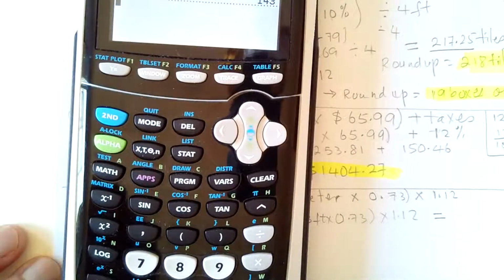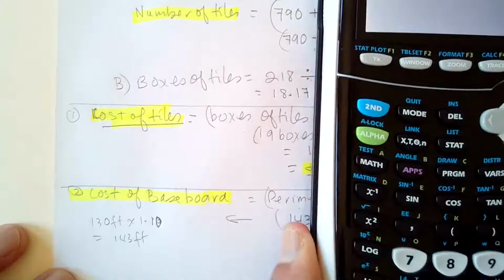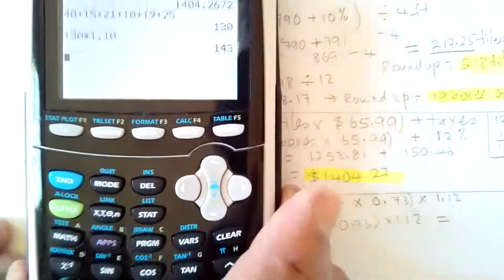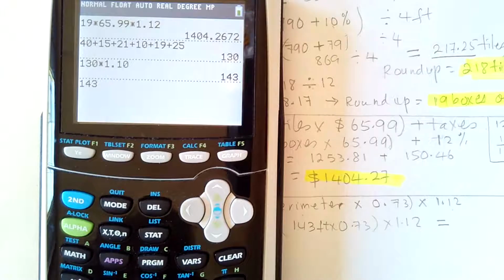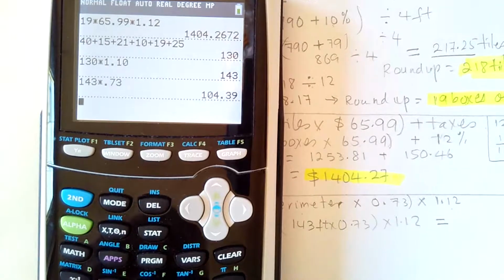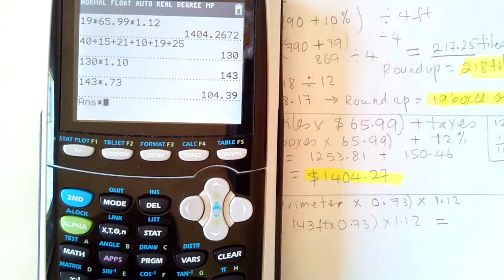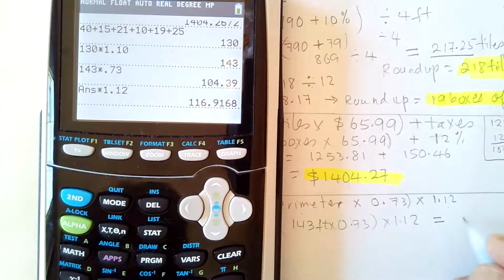So 143 times 0.73 is $104.39, times, adding your taxes to it, 1.12, for a total cost of $116.92.